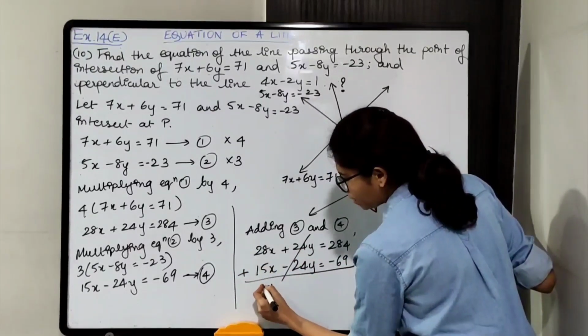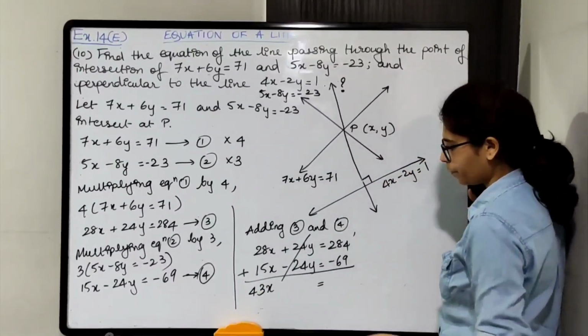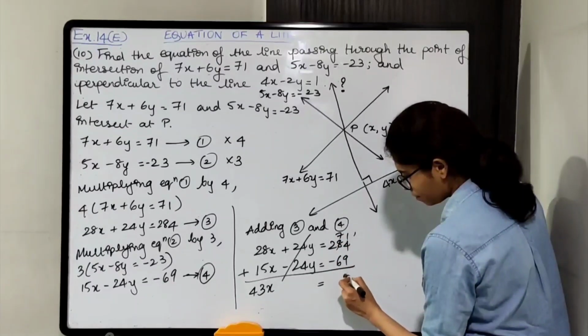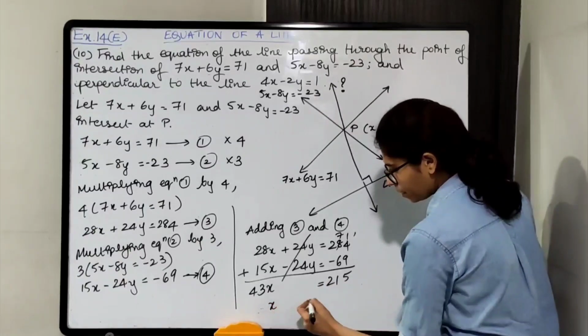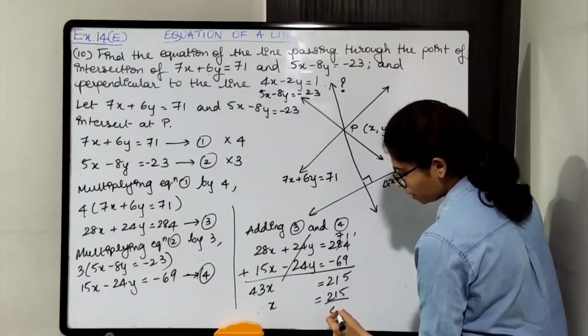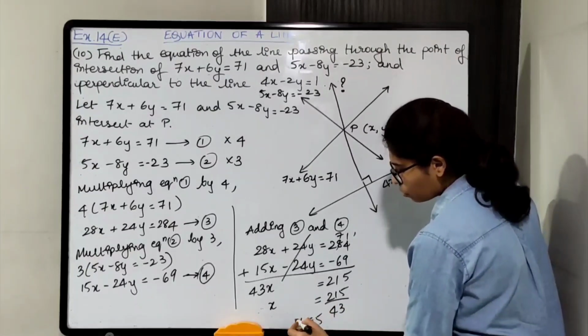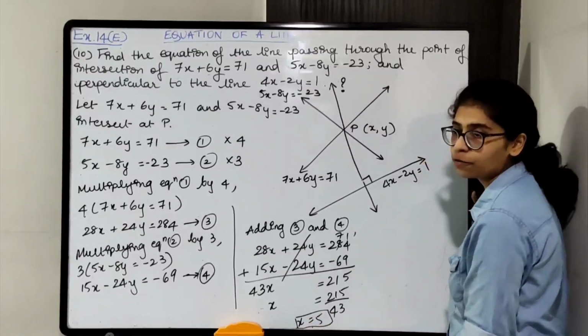Here we'll get 43x equals to 215. Okay, so 43 5s will be 215. So x is 5. We got the x coordinate of P.